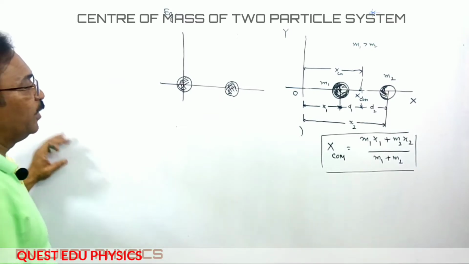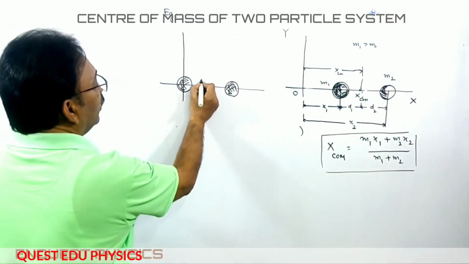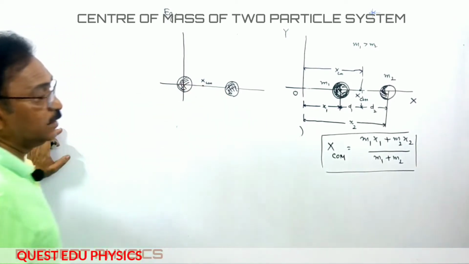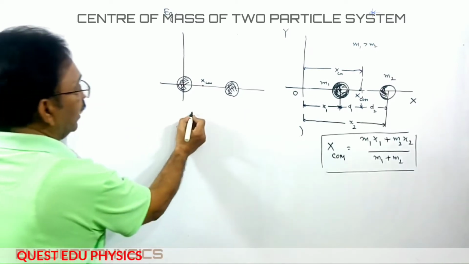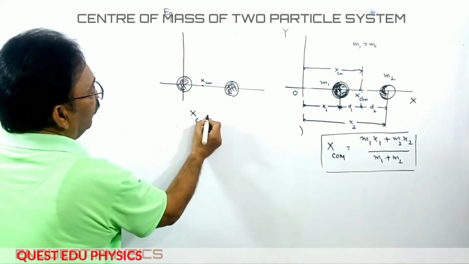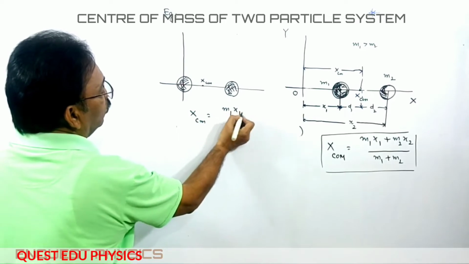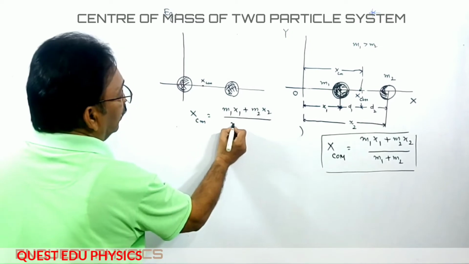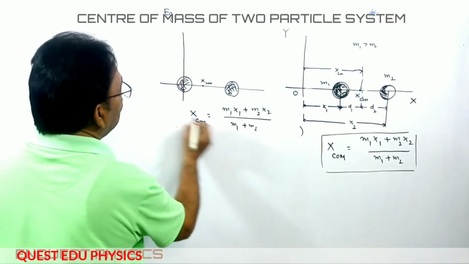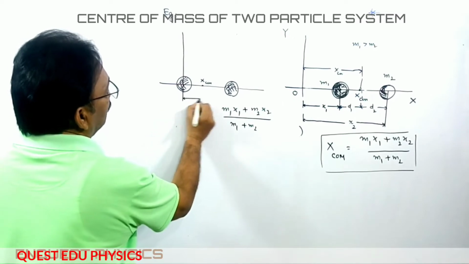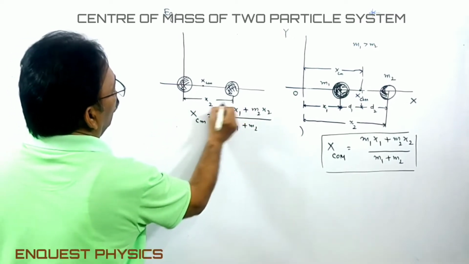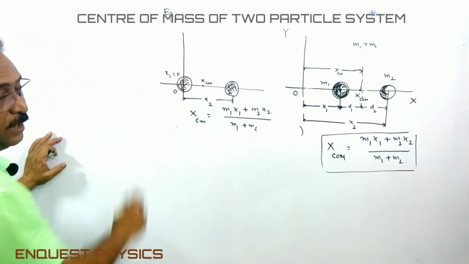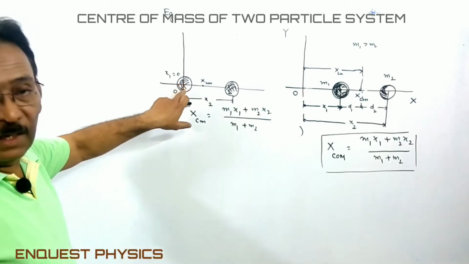We have to locate the center of mass. Obviously it will be near the higher mass. We said it is xm. It is near the bigger one. Here we are using the same relation to find the center of mass. You know that xm is equal to m1 x1 plus m2 x2 by m1 plus m2. Let's say this is x2, and x1 is obviously equal to 0 since it is kept at the origin.